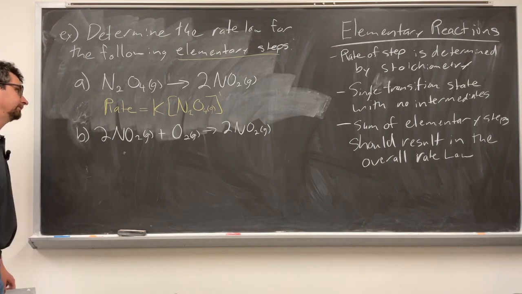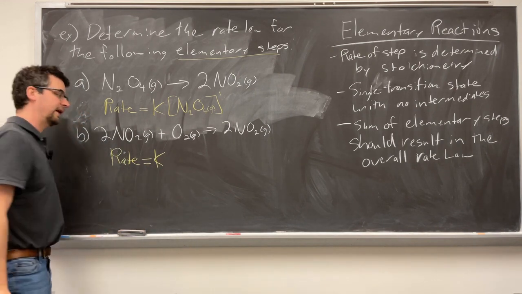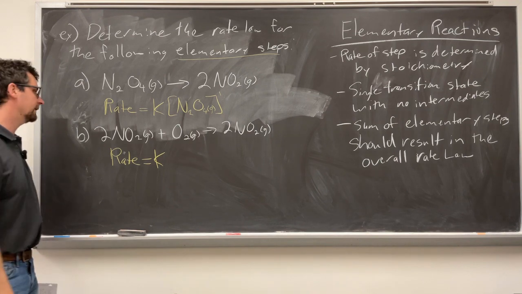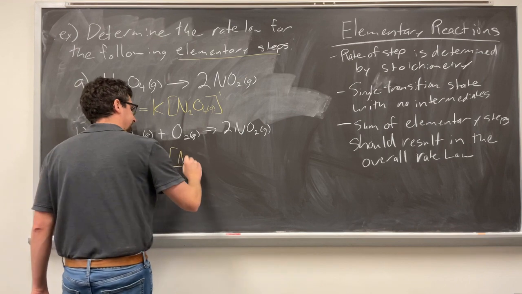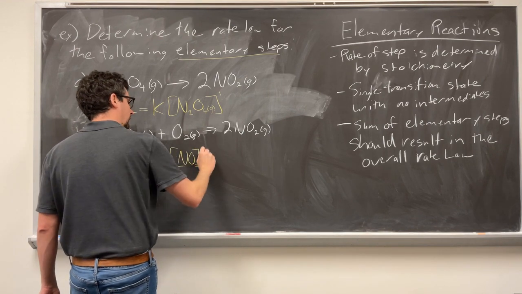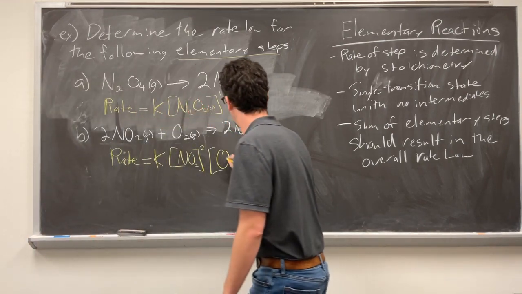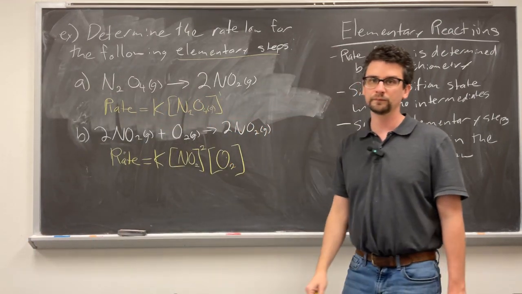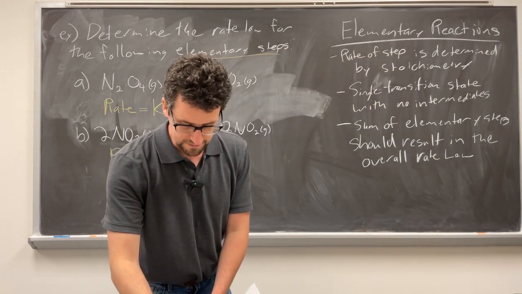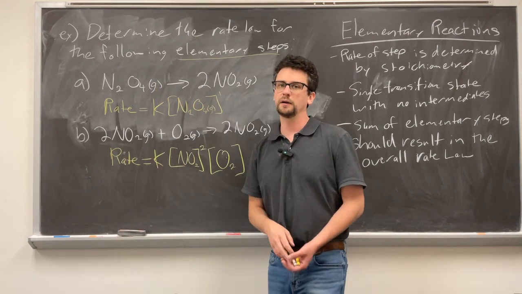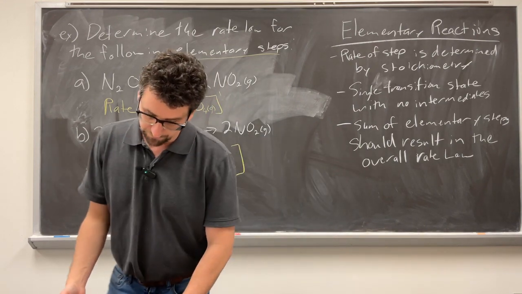For this next one, again, given it's an elementary reaction, we can have the generic form: rate is equal to k, the rate constant, times our first reactant, NO2, raised to the power of 2 because that stoichiometric coefficient is there, and then O2. Pretty simple. Elementary steps that involve 3 or more reactants tend to be pretty rare. They do happen, but it is rare.